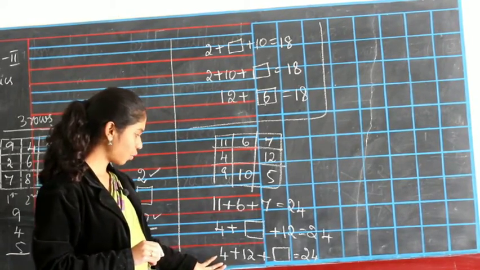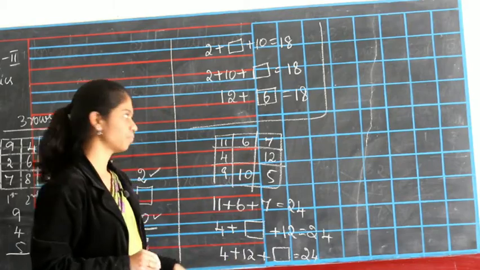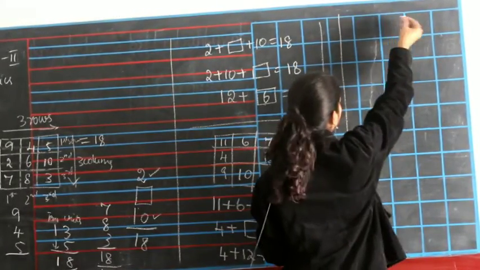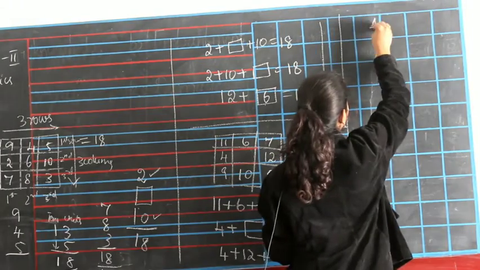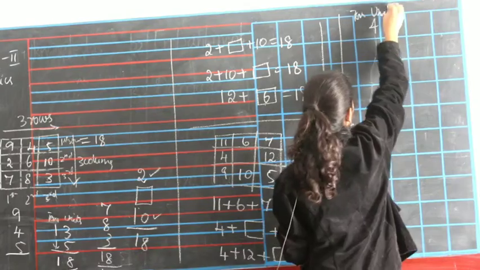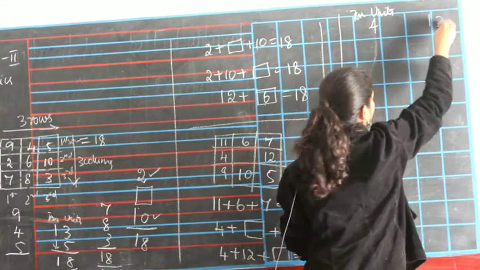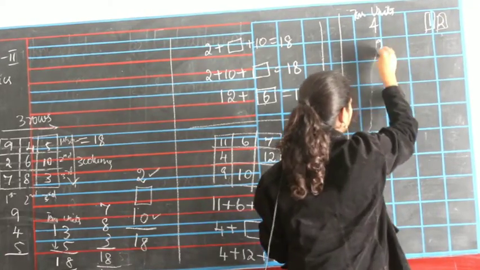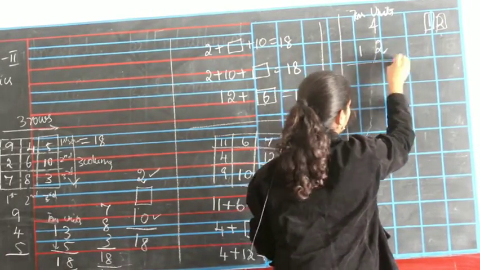So now what are you going to add? You are going to add 4 plus 12. Okay. So now here you have tens and units, and you have 12. So 1 is the 10 and 2 is the units. 2 here you write and 1 here you write.